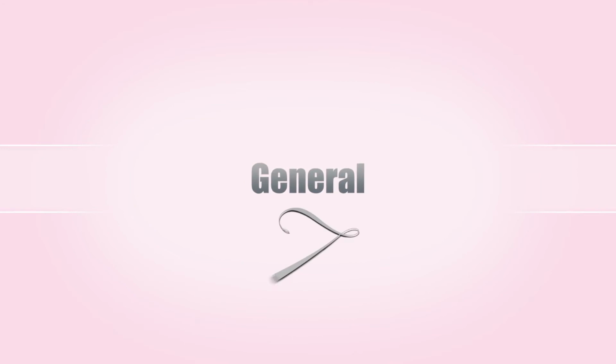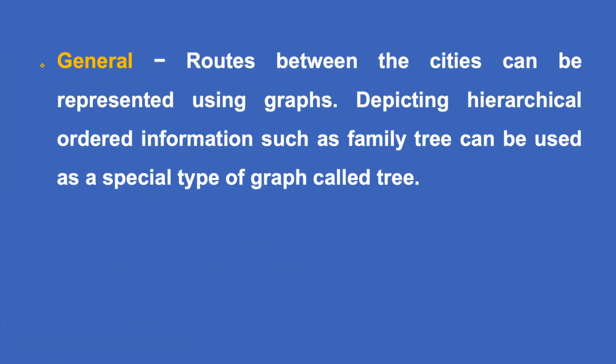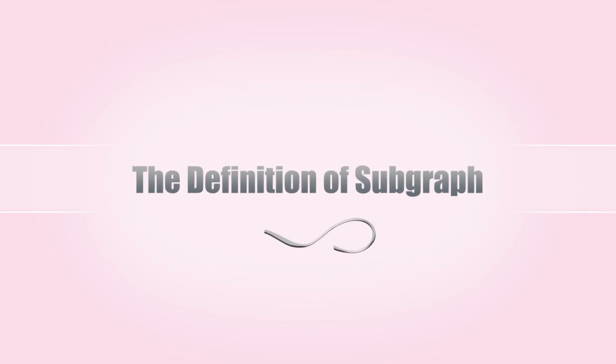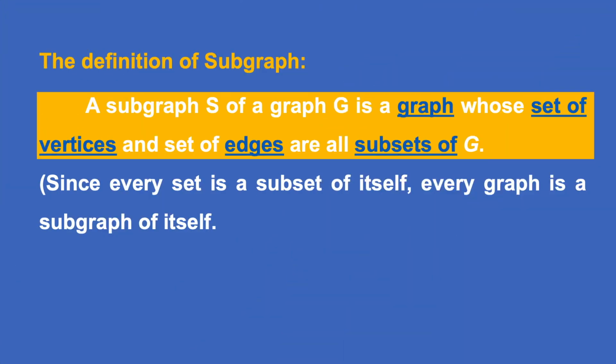In general, the routes between cities can be represented using graphs. Depicting hierarchically ordered information such as a family tree can be done using a special type of graph called a tree. Next, we shall see the definition of a subgraph. A subgraph S of a graph G is a graph whose set of vertices and set of edges are all subsets of G. Since every set is a subset of itself, every graph is a subgraph of itself.